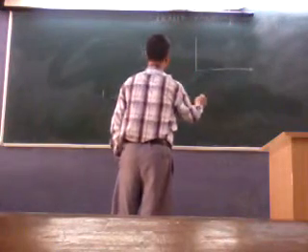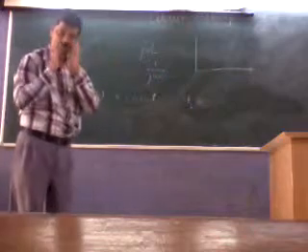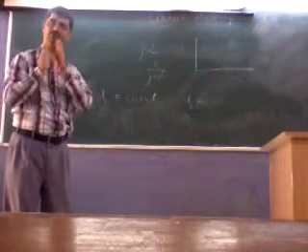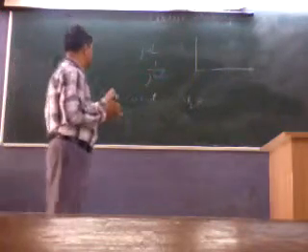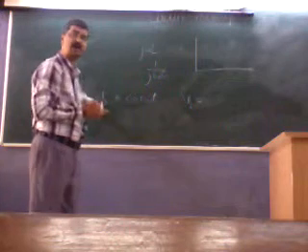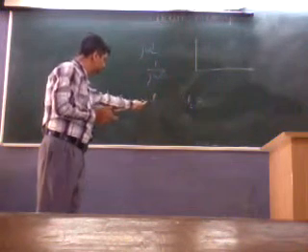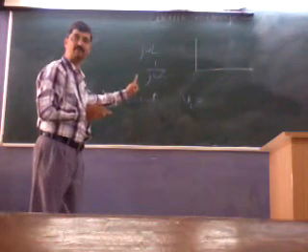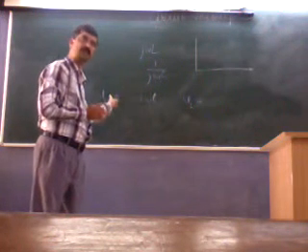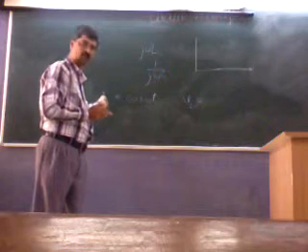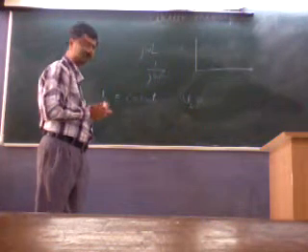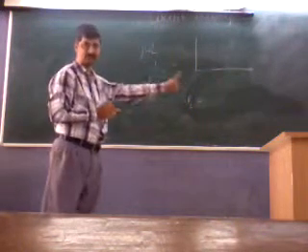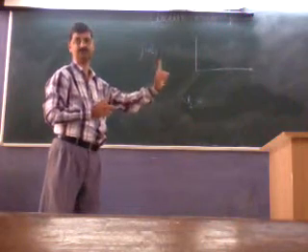VL will be, I would like to again repeat, we can find it by both ways. First, differentiate: di by dt is minus omega sin omega t, and into L. So minus omega L sin omega t.